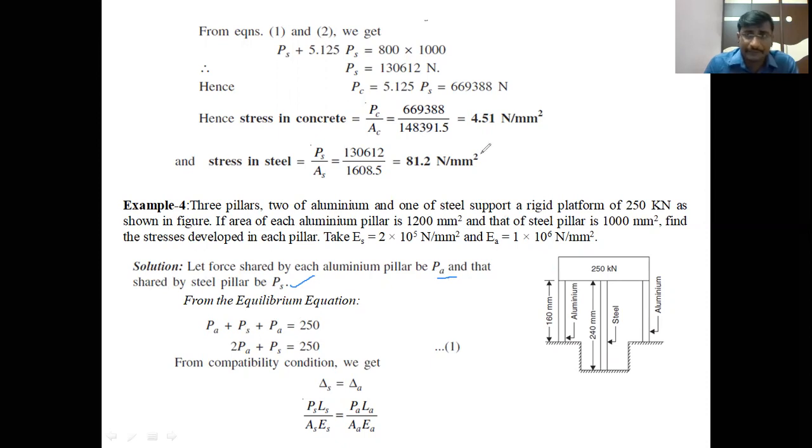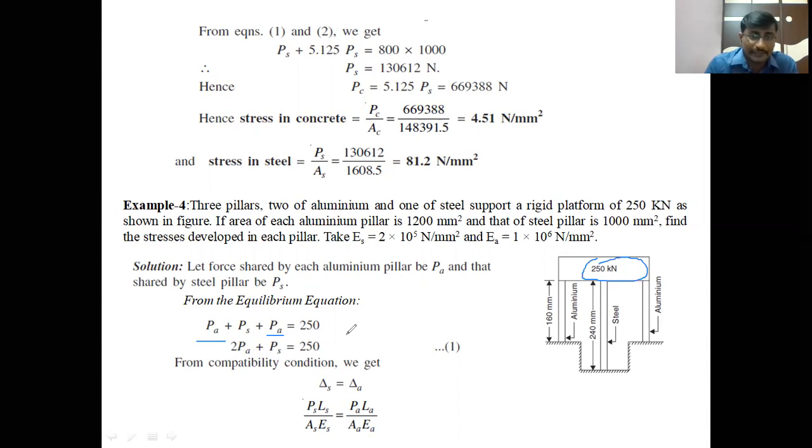Then from the equilibrium equation, what is the equilibrium equation? The sum of the loads shared by each pillar is equal to the total load applied on the pillars. Two aluminium pillars are there, therefore PA plus PS plus PA is equal to 250 kilonewtons.